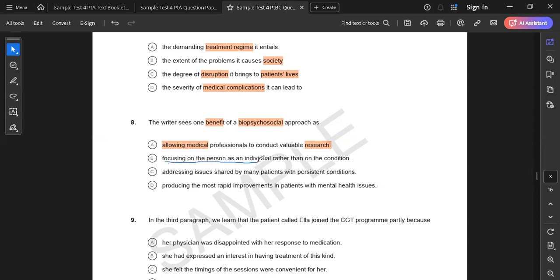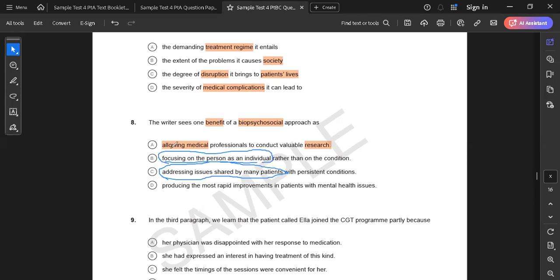What about the next one? Rather than addressing issues shared by many patients. Next about individual. So your focus is here, because these are the things making every option different from each other.